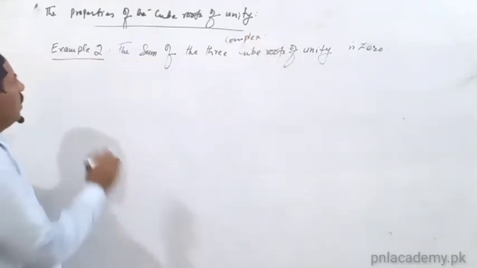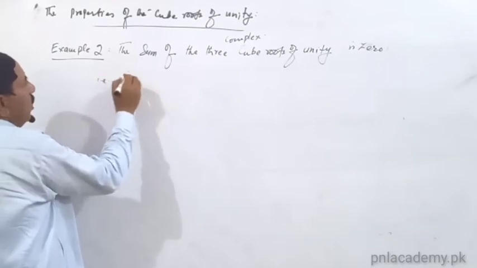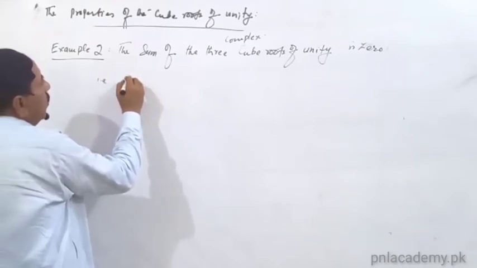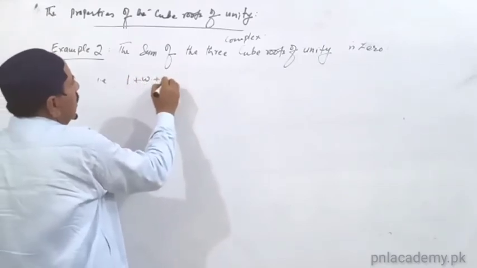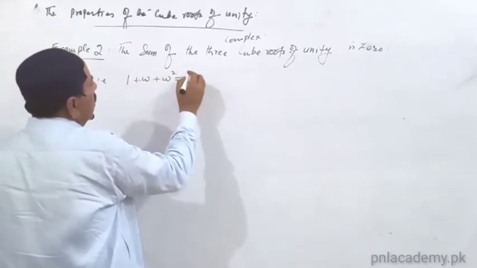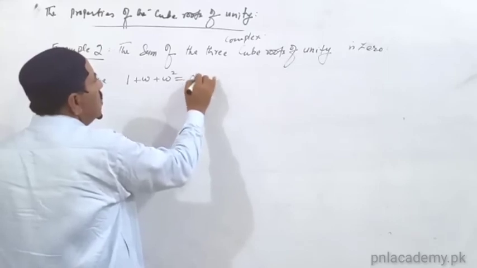That is, we have to prove that 1 plus omega plus omega square is equal to 0.